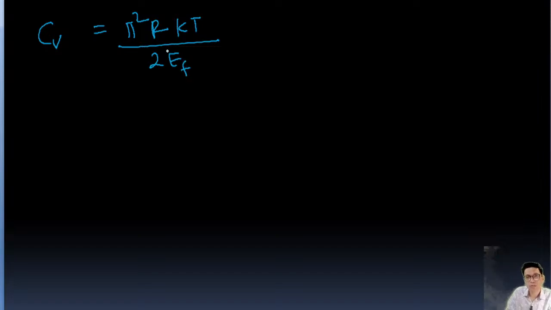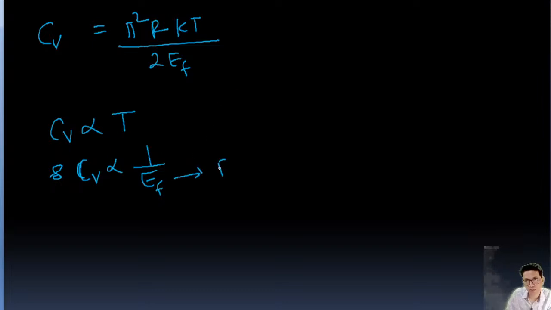So this is pi square R KT upon 2EF. EF is the Fermi energy, guys. So from here you can see CV is proportional to T, and also CV is proportional to 1 upon EF, or inversely proportional to Fermi energy. EF is the Fermi energy. These are very important points.